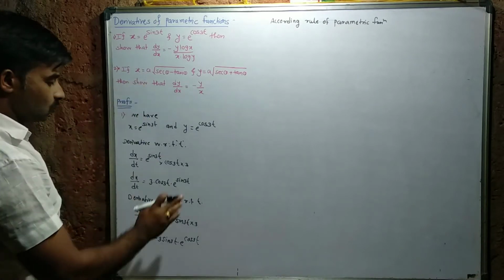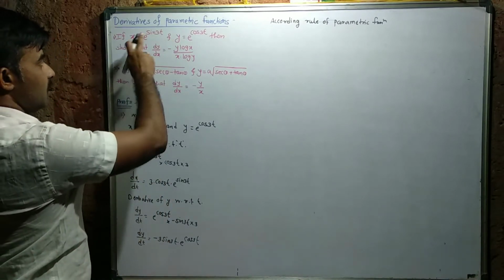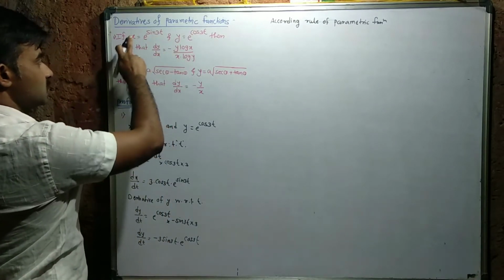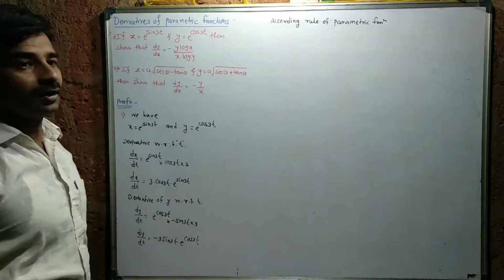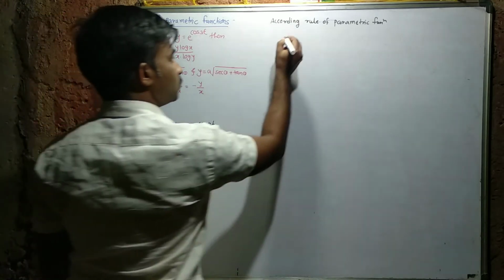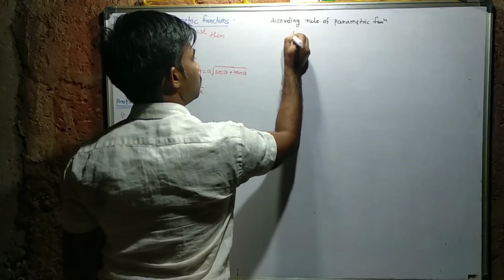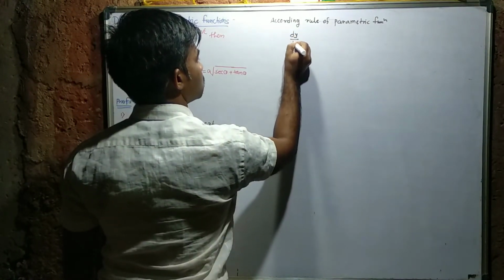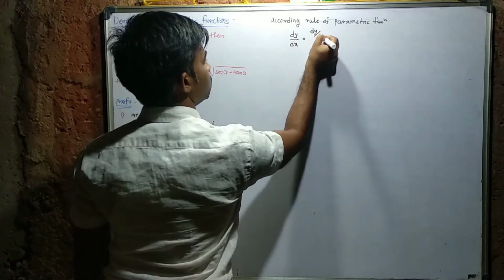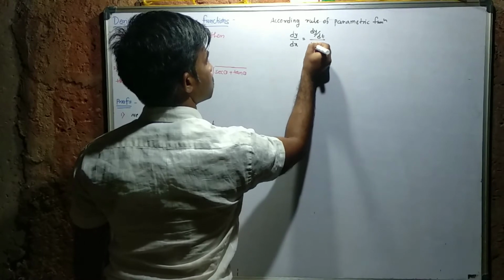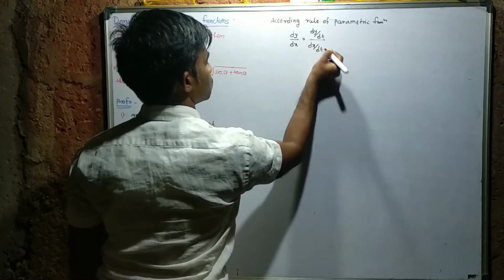That means x and y are functions of t, so x and y are related with each other. According to that, dy by dx is equal to dy by dt divided by dx by dt.